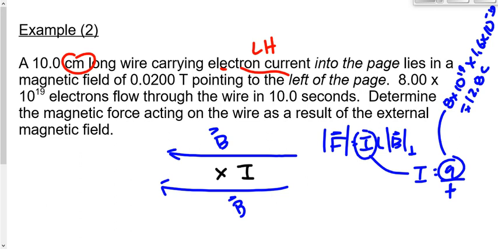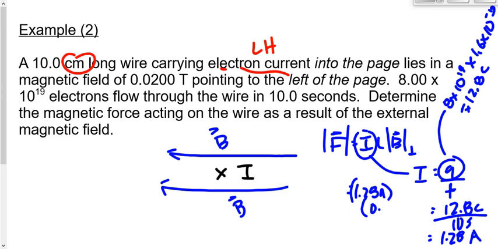Okay, 12.8 coulombs, not a number of electrons, but rather a total charge. 12.8 coulombs, which we're going to divide by the time, which is 10 seconds, which is 1.28 coulombs per second, or amps. And then we're going to say 1.28 amps times the length of the wire, which is 0.10, times the magnetic field strength, which is 0.02, gives us a force, or at least a magnitude of the force, of 2.56 times 10 to the negative 3.